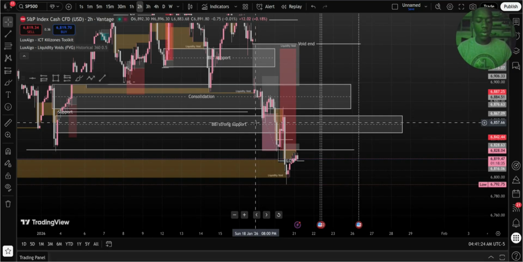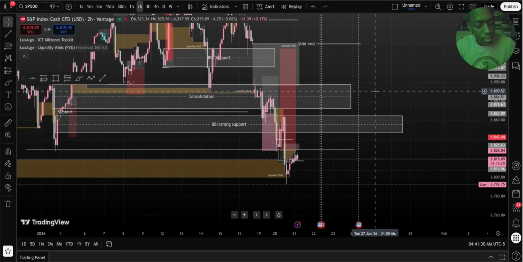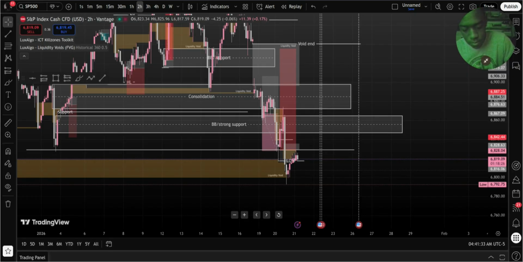Let me just write it in the back of the book, in the back of the book bag. Alright, so downtrend.